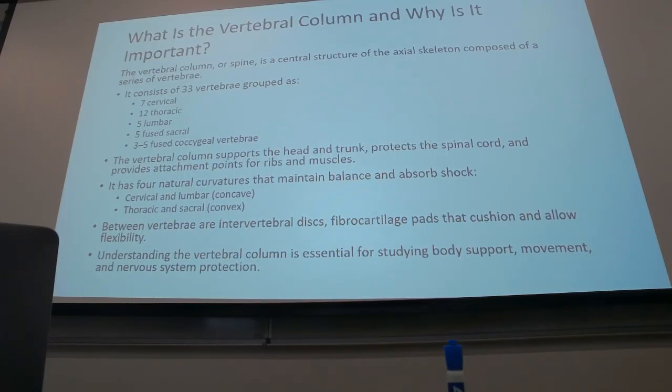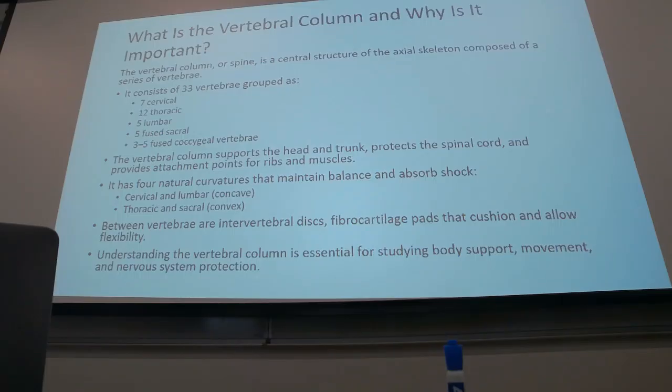Now between the vertebrae, we have discs of fibrocartilage that we call intervertebral discs, which help to cushion the movement between the bodies of the vertebrae and absorb shock. This helps with flexibility of the vertebral column.